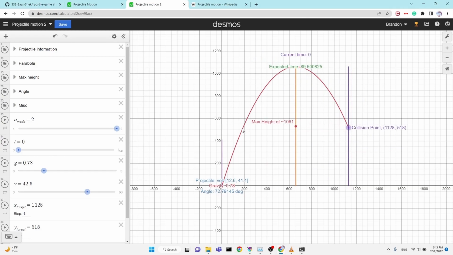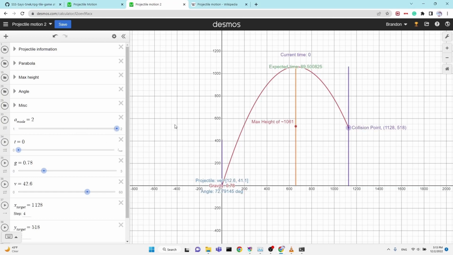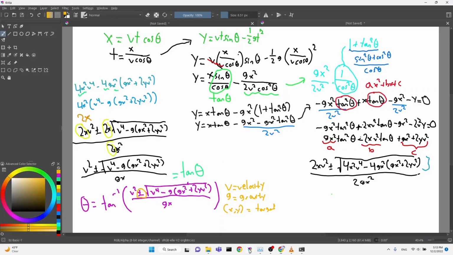That's what the plus or minus means. The first one you see is on the graph over here. In the second graph, if I switch it, the path is way shorter, and it also takes way less time. The expected time is maybe 89.5 here, and over here it's only 35. Here's why there are two possible angles.